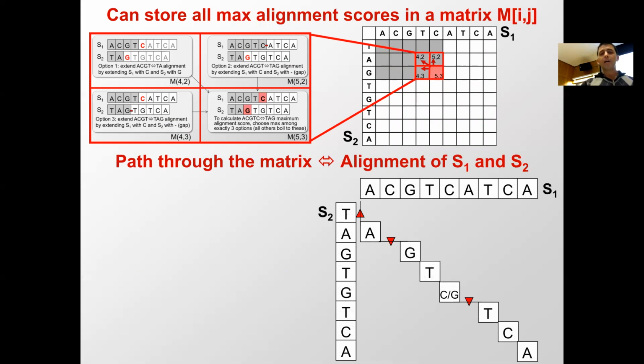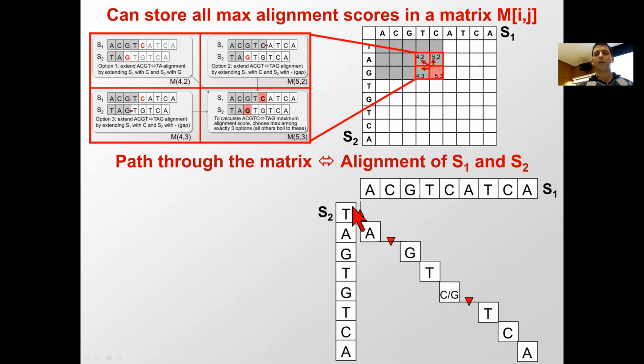Now, any path through this matrix effectively tells me a series of operations. Every time I traverse this matrix diagonally, it tells me that C was aligned with C, and T was aligned with T, and C was aligned with G. These are the diagonal paths through the matrix when I'm adding nucleotides on both sides.